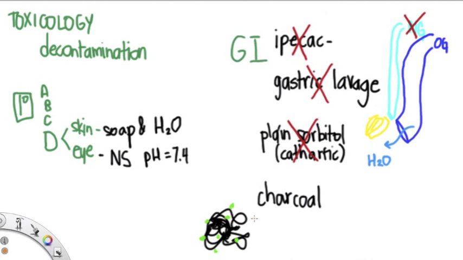So the first dose is usually given with some sort of cathartic like sorbitol. And you got to know, though, what will bind to charcoal and what won't. And the things that do bind are big, complex, sticky molecules. The things that don't bind are the smaller things like metals, hydrocarbons, pesticides, and alcohol. Those small molecules are not going to stick to this, so charcoal's useless with that.